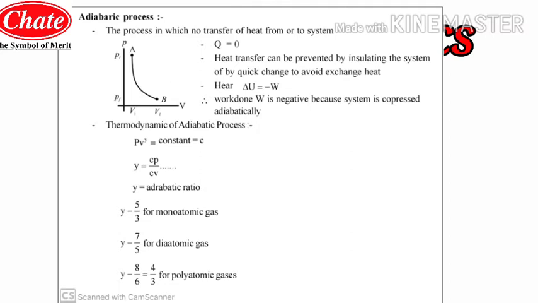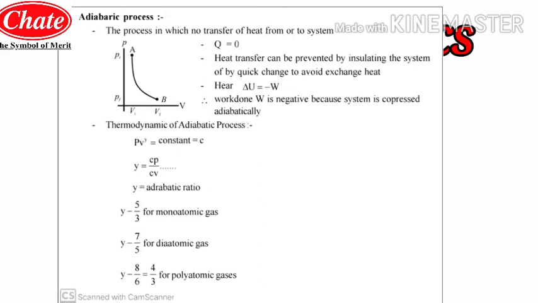This is the reason for the minus sign of W, which I have explained in detail already. Because of insulation, there is no further movement of the piston, the total internal energy has been utilized, and no work has been done.